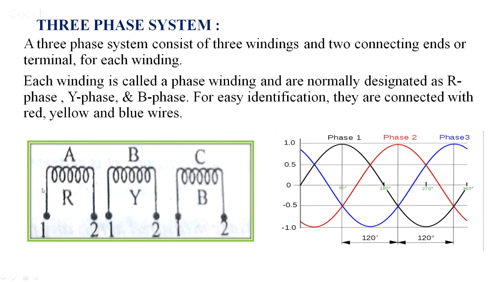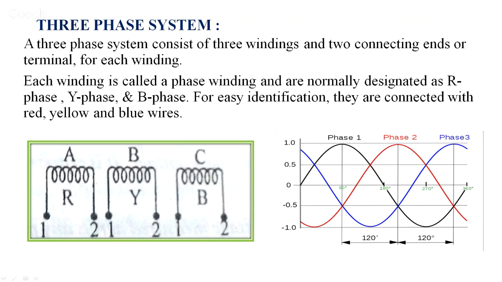So you can observe here, there are three windings: winding A, winding B, and winding C. Every winding has two connecting leads. 1 and 2 are the connecting leads of winding A, and again here 1 and 2 are the connecting leads of B, and these 1 and 2 are the connecting leads of winding C.